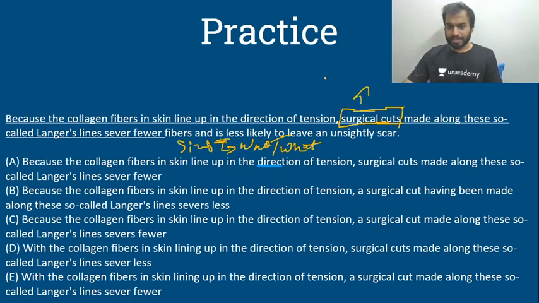This is plural, right? So this has to be made singular. All the options where there is surgical cuts, we eliminate those options. So we've eliminated option A and we've eliminated option D. We are left with B, C, and E. I've given you a big hint. Now solve this.